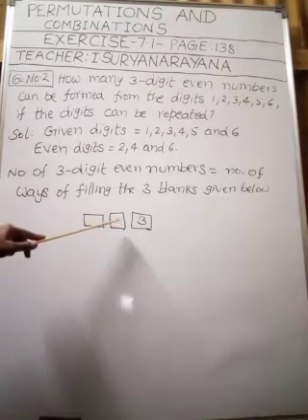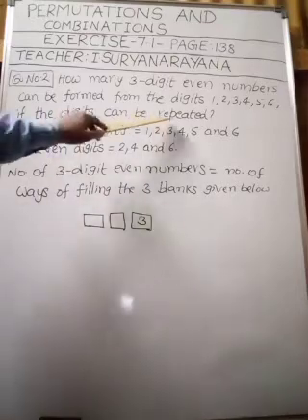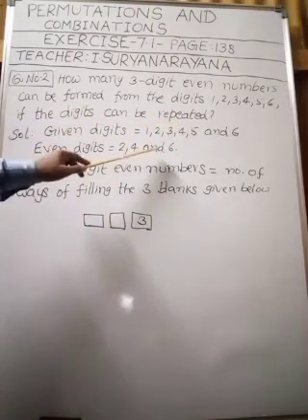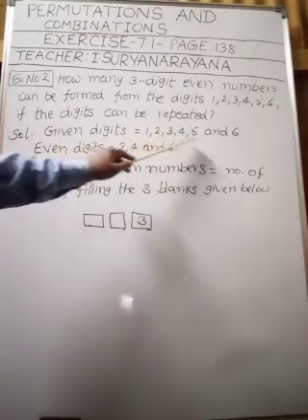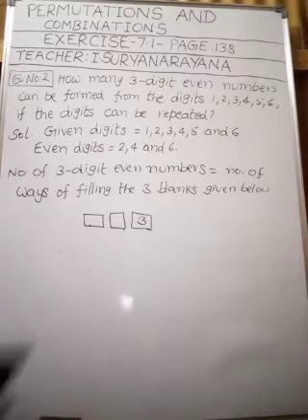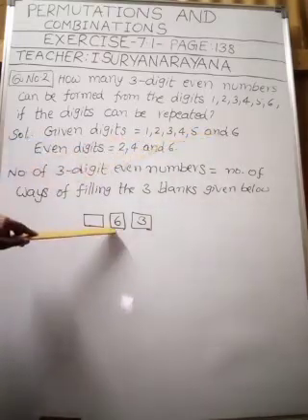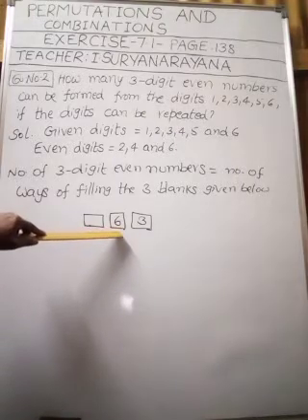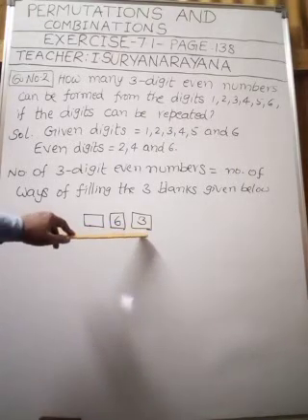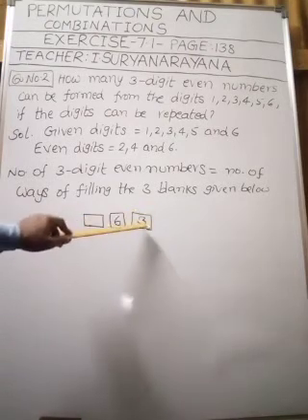Right. Now come to the tens place. Here repetition is allowed, so any number can be repeated. So this tens place can be filled by any one of these six digits. Filling the units place is the first job. We performed this job in three ways.